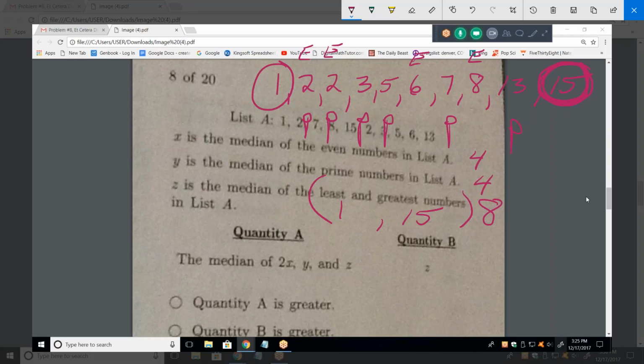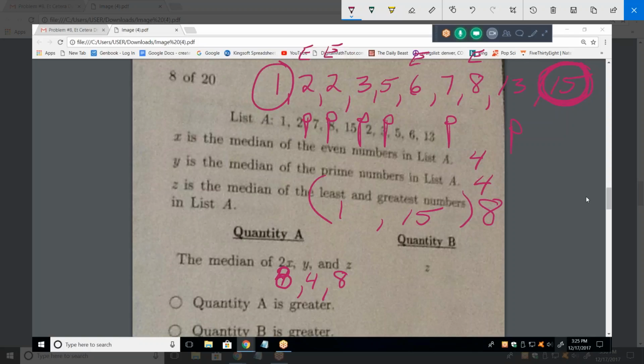Okay. So now we have the median of 2x, which is 4. Excuse me, that's 8. Correct? X is 4, so 2x is 4, yes. Okay, y is 4, and z is 8.